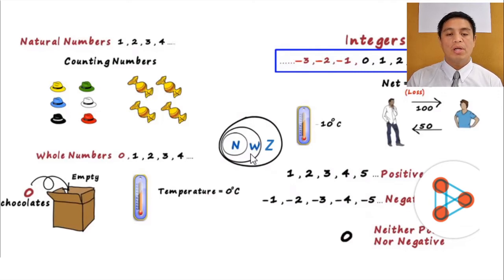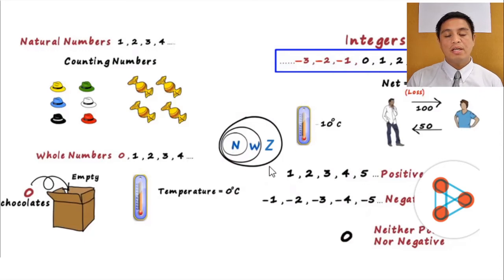And that group of whole numbers consists of N, or the set of natural numbers. Again, Z means the set of integers, W means the set of whole numbers, which are 0, 1, 2, 3, and so on, and N means the set of natural numbers, or 1, 2, 3, 4, 5, and so on.